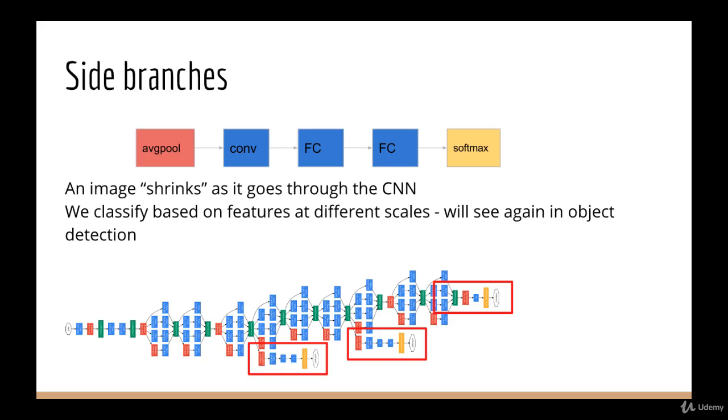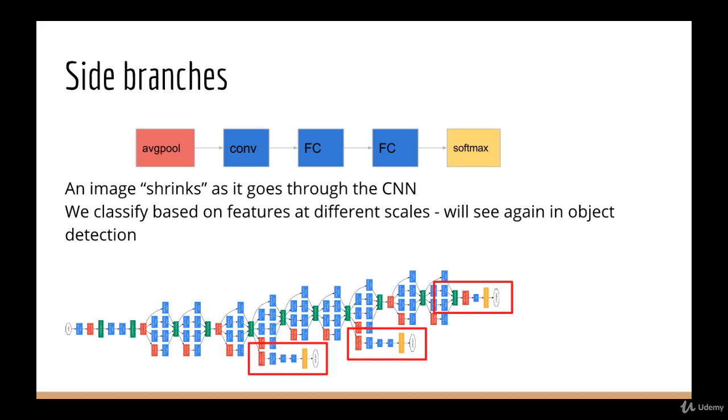To get some intuition on why that might be, remember that an image is shrunken down as it passes through the CNN. As this happens, each convolution is looking for features at a different scale. At the beginning, we might be looking for tiny features. In the middle, we might be looking for medium-sized features. At the end, we'll be looking for the largest features.